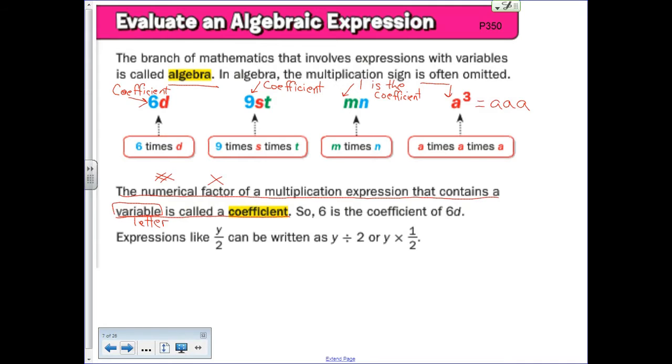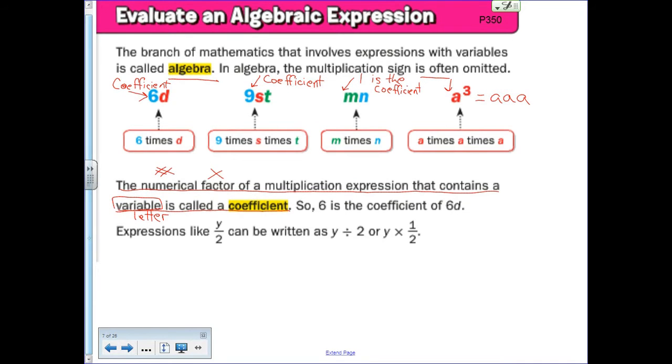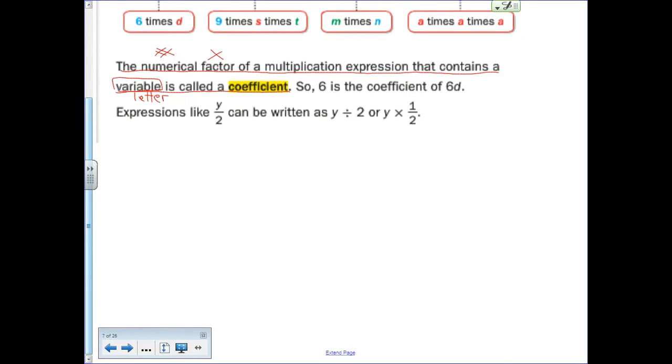In an expression like y divided by 2, you would say that 1/2 is the coefficient because 1/2 times y is the same as y divided by 2. So we would say 1/2 is the coefficient.